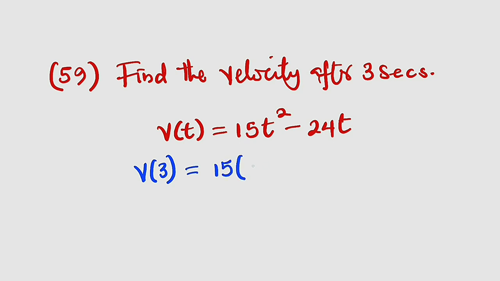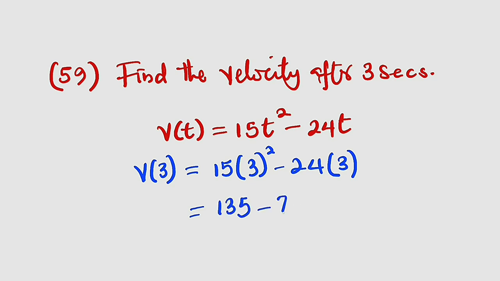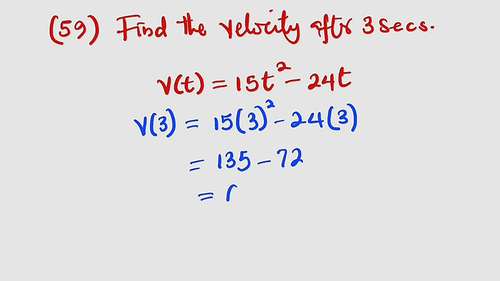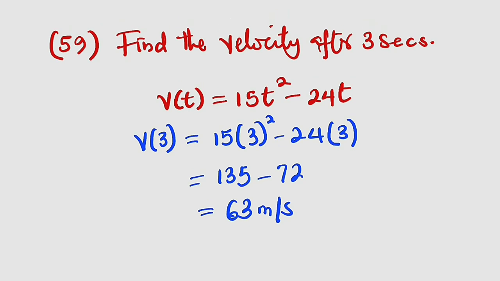This is 15 multiplied by 3 squared minus 24 multiplied by 3. So all we have to do is to simplify, because I know that 3 squared is 9, and 9 multiplied by 15 will give us 135, minus 24 times 3 is 72. And once you subtract, you're going to get 63 exactly. And what is the unit? Meter per second. We are done with question number 59.